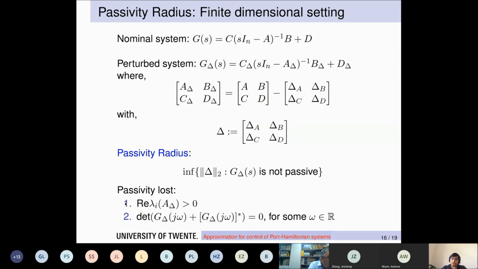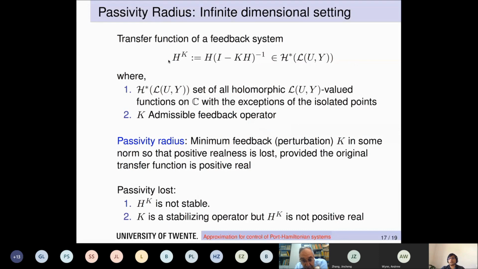The first condition is well studied in the literature, and we can come up with the maximum singular values of the system with the stability radius. And for the second condition, we are considering some linear matrix inequality to get some boundedness. Then we try to extend this result to the infinite dimensional case, where we consider the feedback system in which the original transfer function is a positive real one and K is an admissible feedback operator.